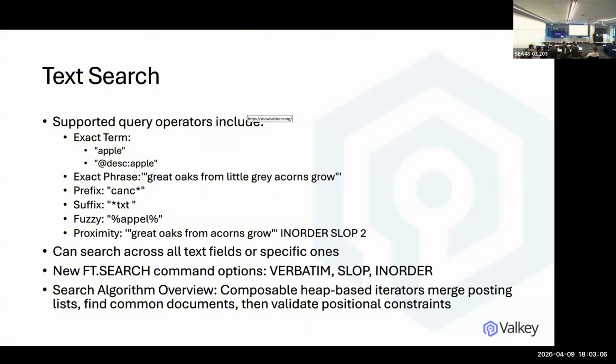Like here in the first case, I'm searching for Apple in the description field. And there's two other searches that involve multiple terms. One of them is exact phrase. So if I have a query string and inside that I have double quotes containing the sequence of tokens, then this is an exact phrase.